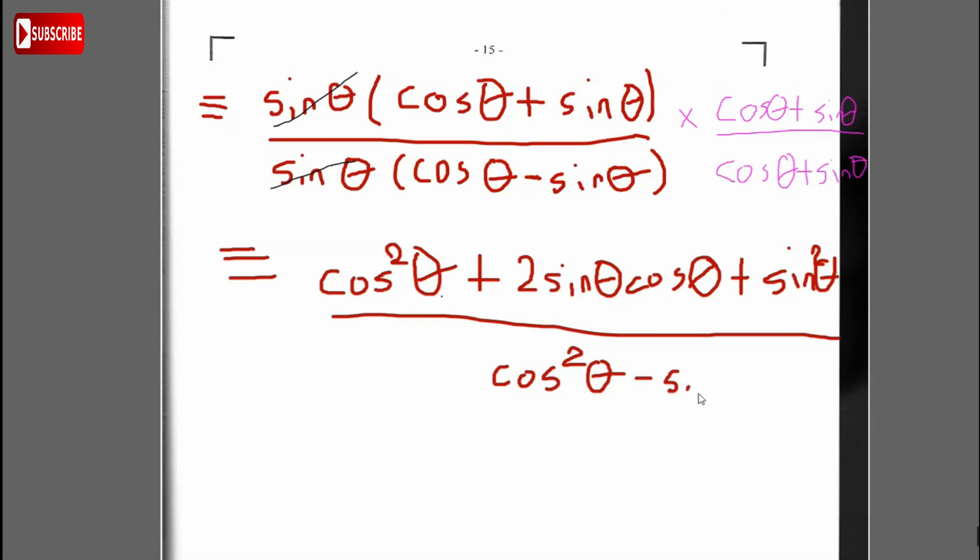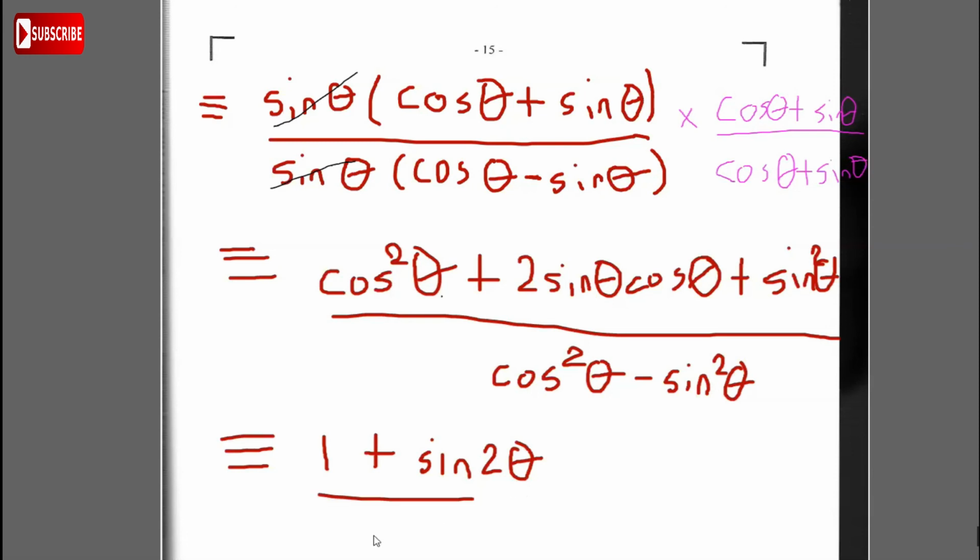So now we're good. Now what we notice is that cos square plus sine square is equal to 1. That becomes equal to 1. Then 2 sine theta cos theta is sine 2 theta. And cos square minus sine square is cos 2 theta.